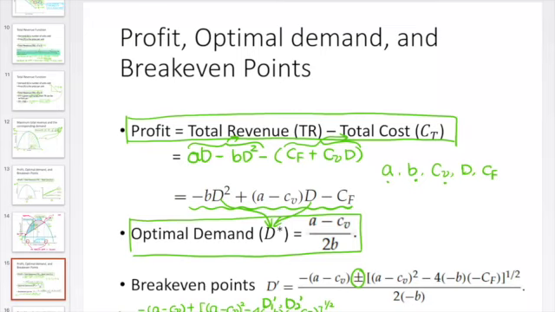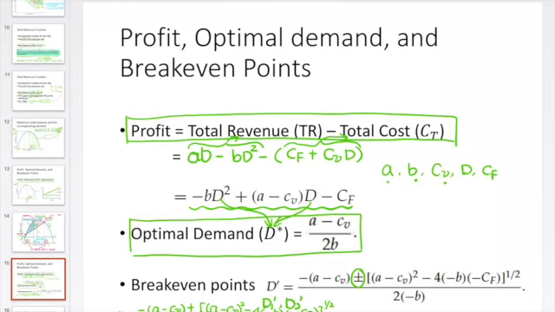The power of 1 over 2 means it's a square root, okay? And the whole thing, you want to divide by 2 times minus B. That's D1 prime.